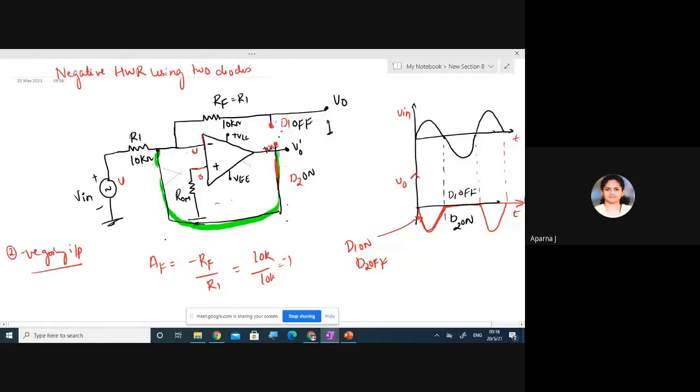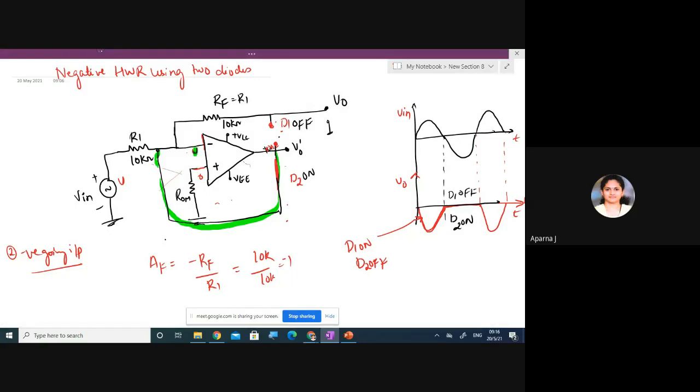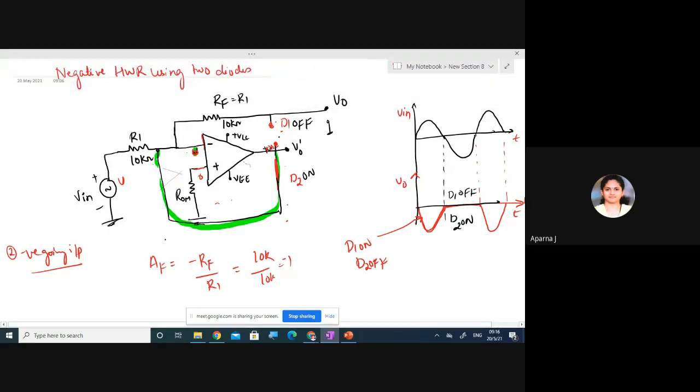We know that whenever there is negative feedback, both the terminal voltages will be same. Since this is 0, this terminal voltage is also 0. So V naught will also be equal to 0.